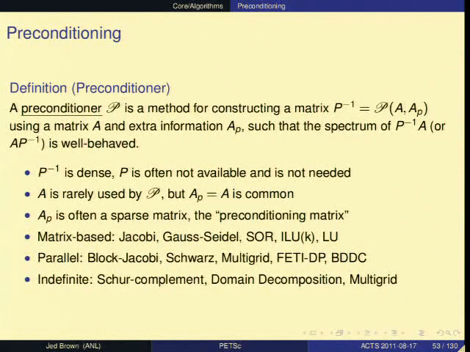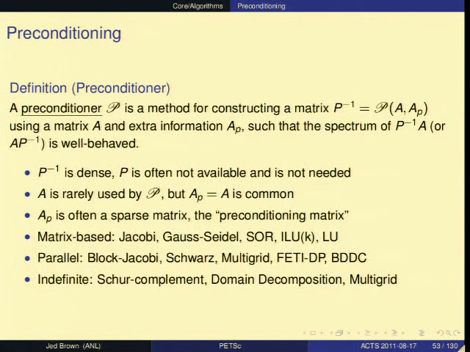The P inverse is dense. You actually don't ever need P. It's just a notational thing. This operator A is rarely used, but sometimes you use some nested method as the preconditioner. So it's in there. The A sub P is very often some sparse matrix.